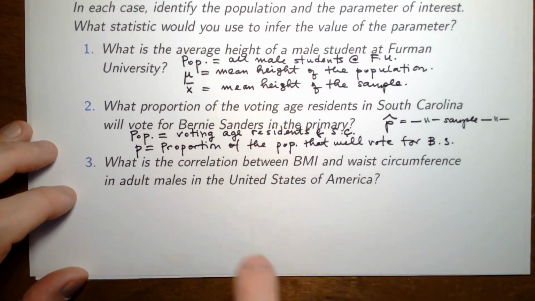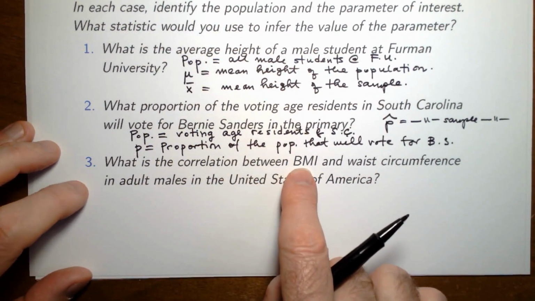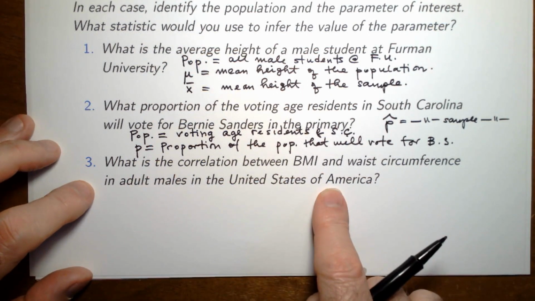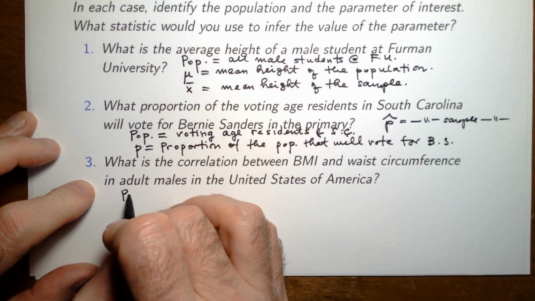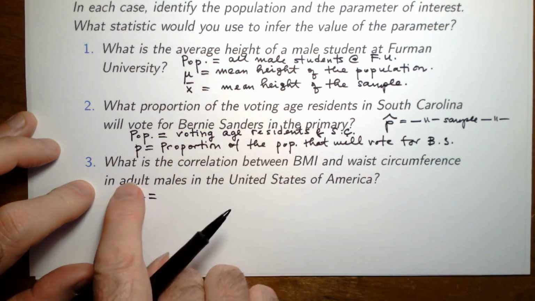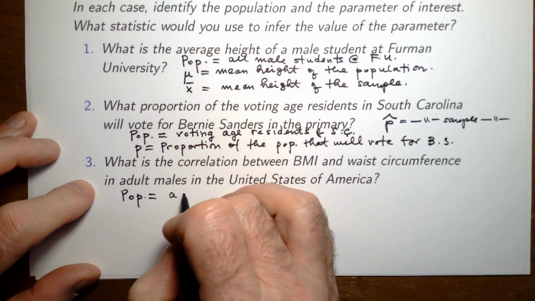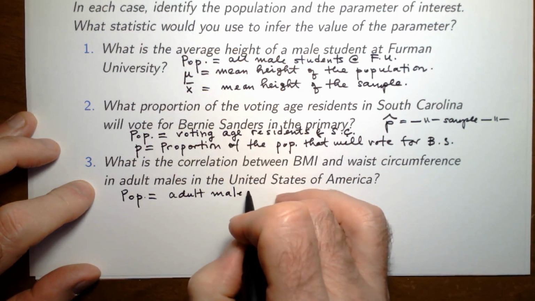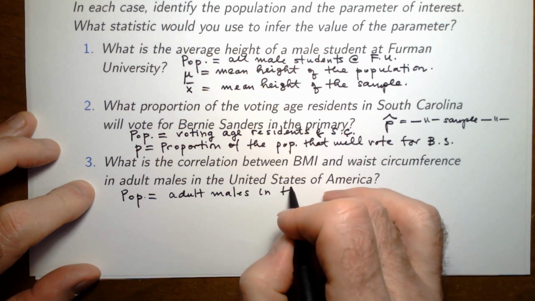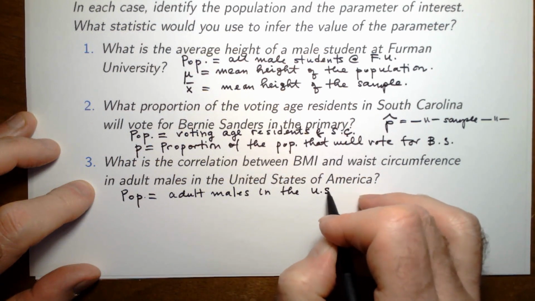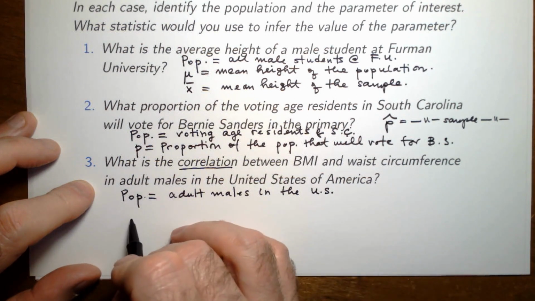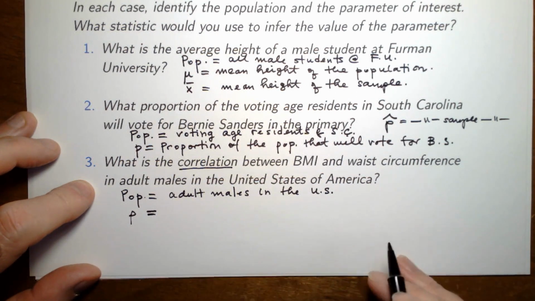Okay? What is the correlation between BMI and waist circumference in adult males in the United States of America? So the population is the adult males in the U.S. Now we're looking for a correlation in this case, and so within a population we would use the Greek letter rho for that.